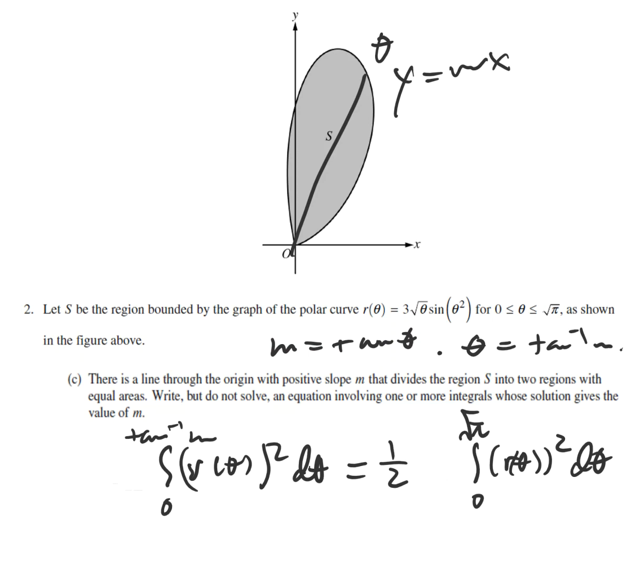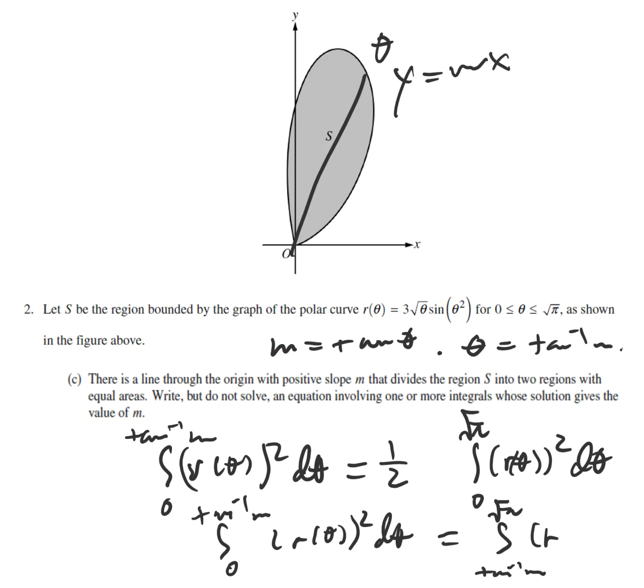So the first way of expressing it will be this: the integral from 0 to tangent inverse of m of r of theta all squared d theta equals the integral from tangent inverse of m to square root of pi of r of theta squared d theta.